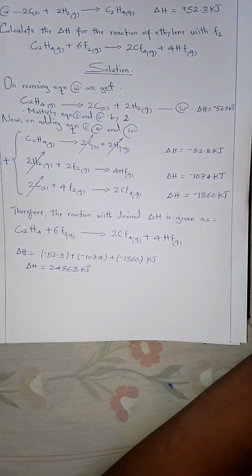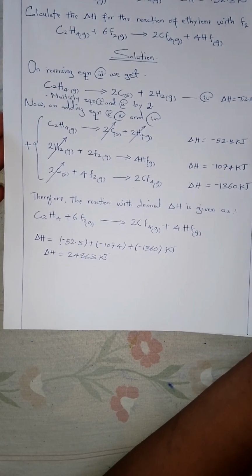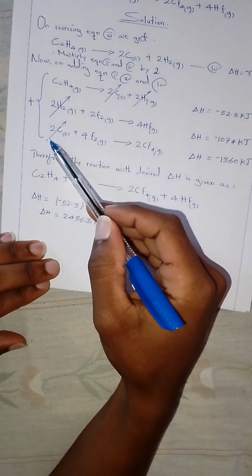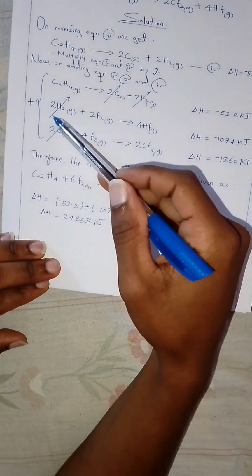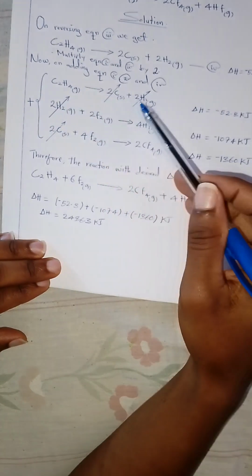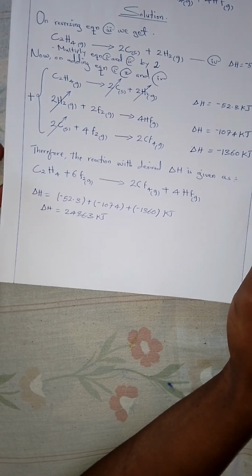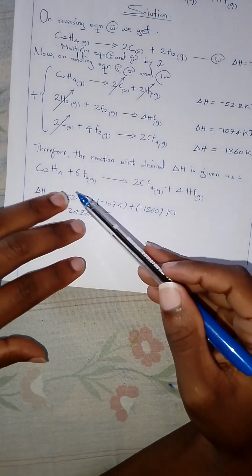Now on summing those three equations to get our required equation, the carbon and the carbon will go out, hydrogen and hydrogen will also cancel out. Therefore, the reaction with the desired enthalpy change is given as this one.